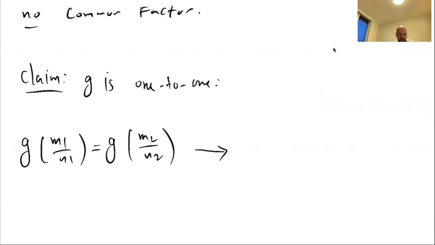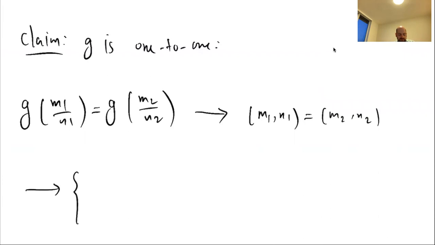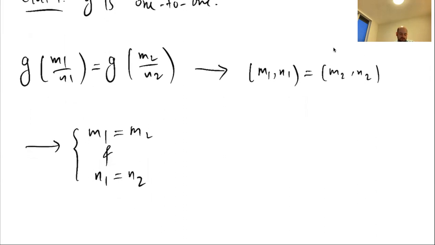So g of m1 over n1 would be m1 comma n1, and g of m2 over n2 would be m2 comma n2. And that means what? That means m1 is equal to m2 and n1 is equal to n2. That's the definition of equality of two pairs, right? If two pairs are equal, the first coordinates are equal and the second coordinates are equal. m1 equals m2 and n1 equals n2. And that means m1 over n1 is equal to m2 over n2.